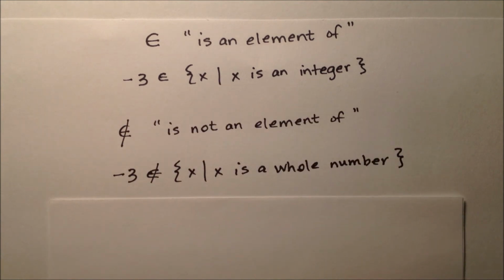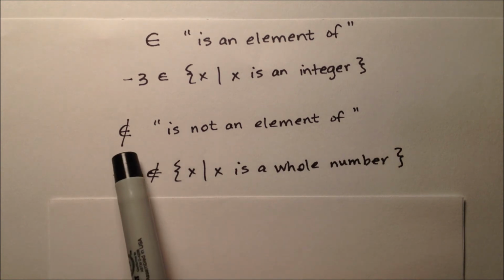Likewise, we have its counterpart, which is not an element of. So similar to equals and then putting a slash through an equal sign and saying not equal to, we have is an element of and is not an element of. So we've taken our funny little e and just put a line through it saying not.